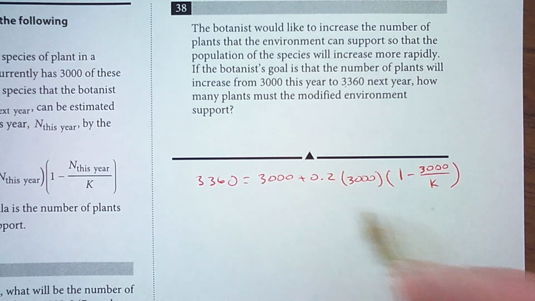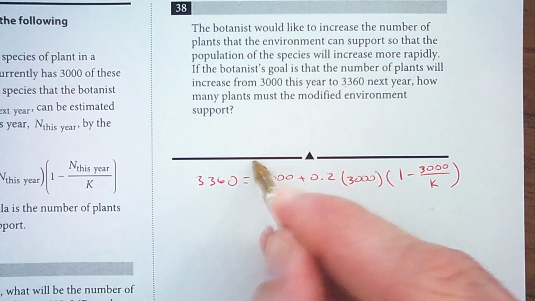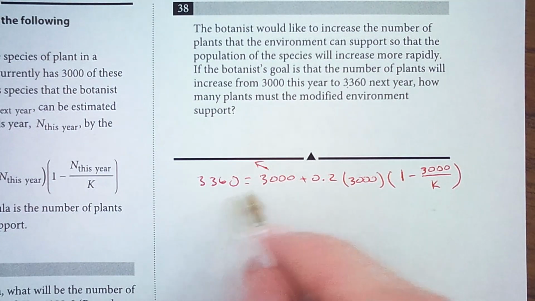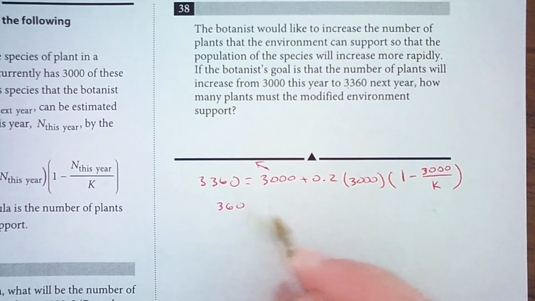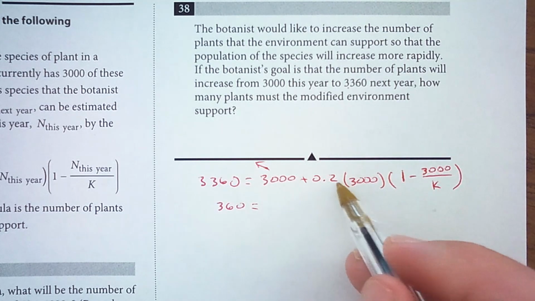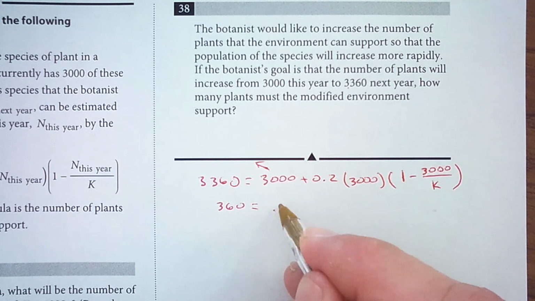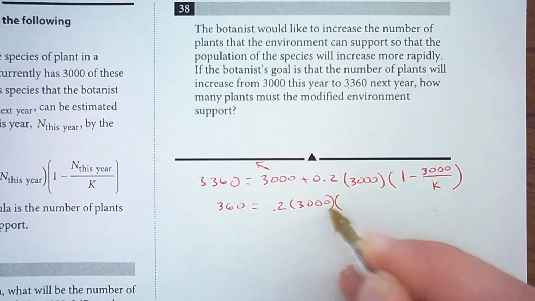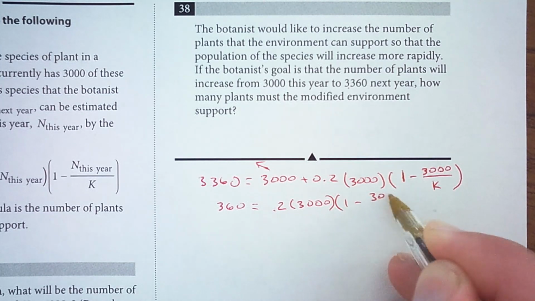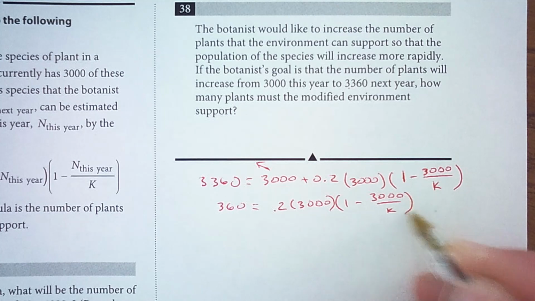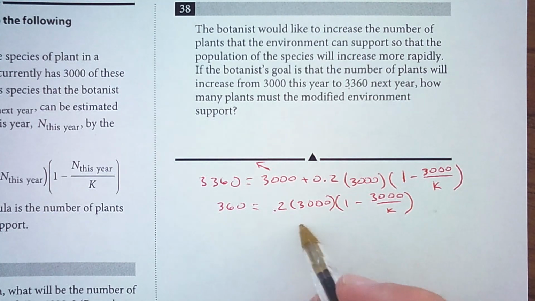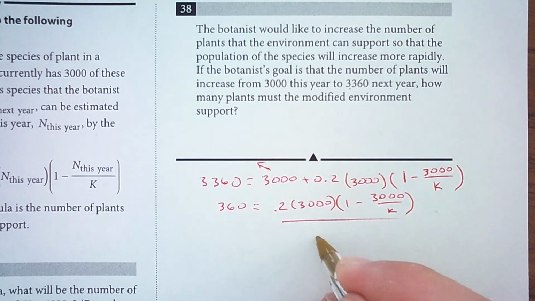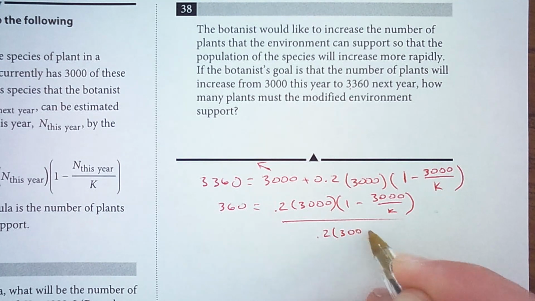So we will subtract 3,000, so we're moving this 3,000 over. 3,360 minus 3,000 is 360, equals 0.2 times 3,000, times 1 minus 3,000 over K. The next thing I'm going to do is divide both sides by 0.2 times 3,000.